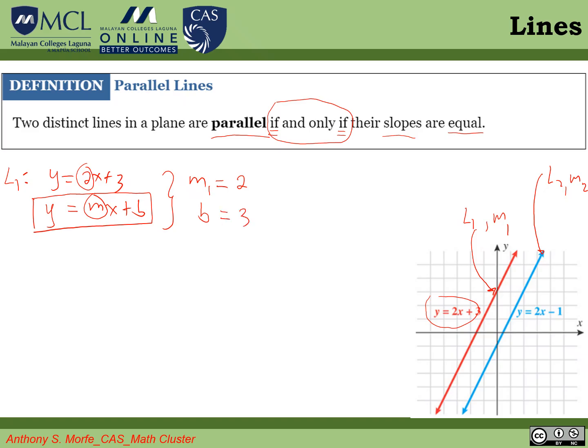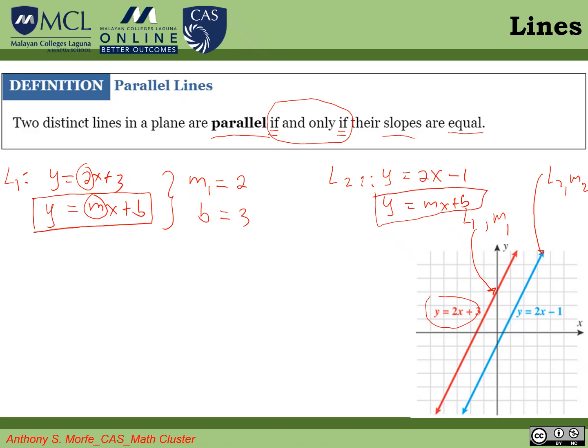Then if we consider line 2 as y equal to 2x minus 1, again, if we compare this to the slope intercept form, ito yung slope intercept form natin.